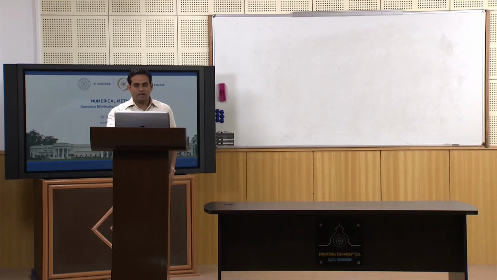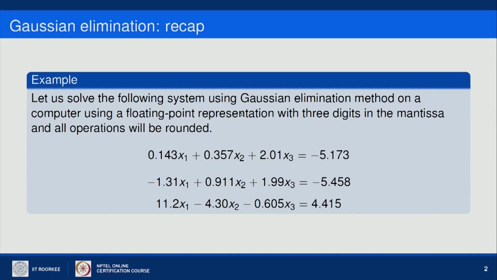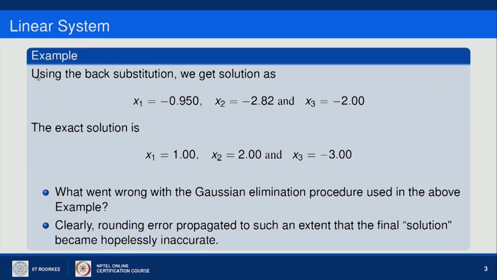In the last lecture we solved this 3 by 3 system of linear equations using the Gaussian elimination method, and after applying Gaussian elimination and back substitution we got the solution x1 equals minus 0.950, x2 equals minus 2.82 and x3 equals minus 2.00.